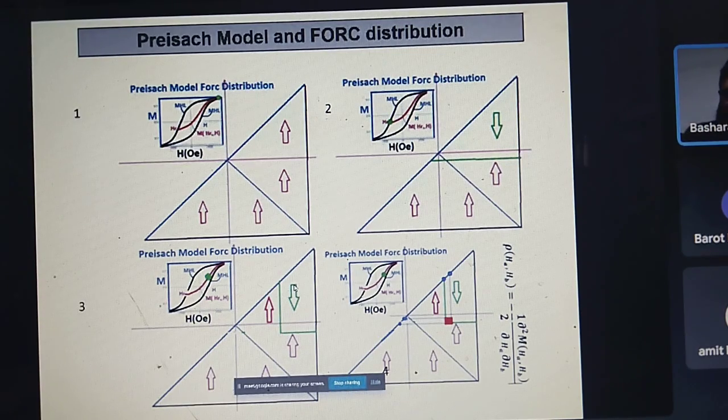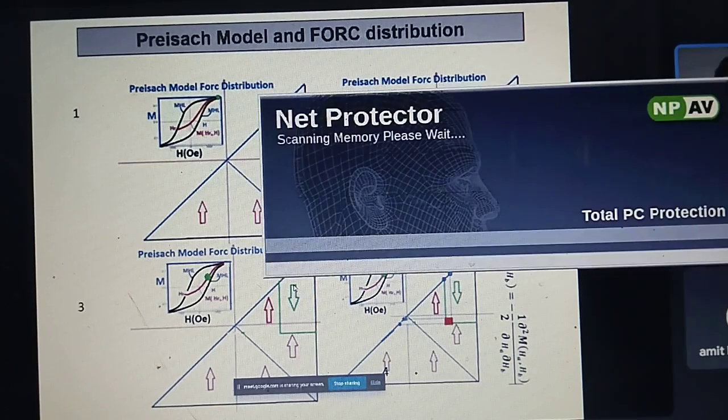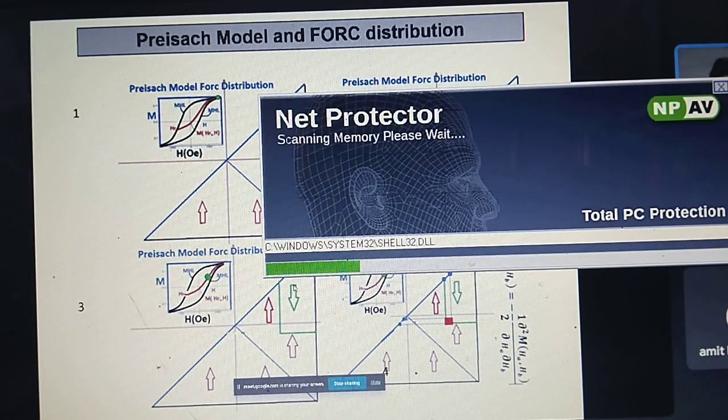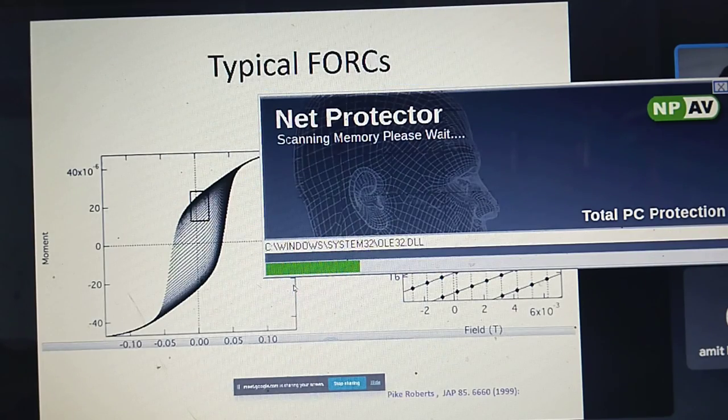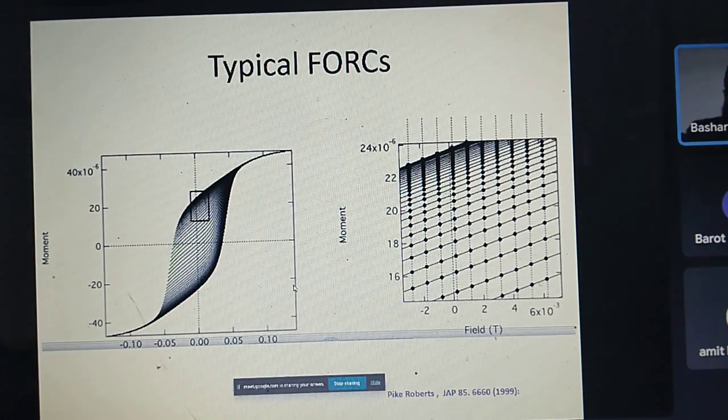So by changing this reversal field every time, we get data, and what we get basically is this. This is the major hysteresis loop. Within the major hysteresis loop, you can see these parallel lines, here magnified a little on the right side, running parallel to each other.